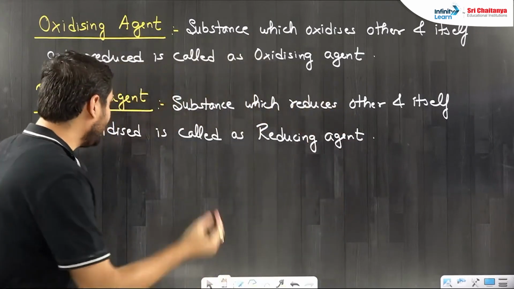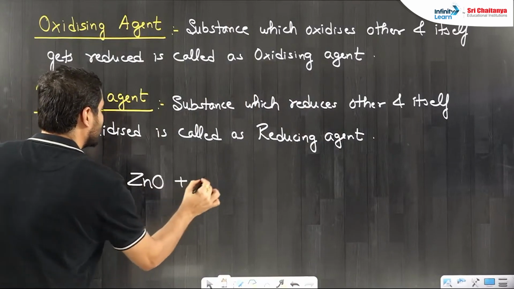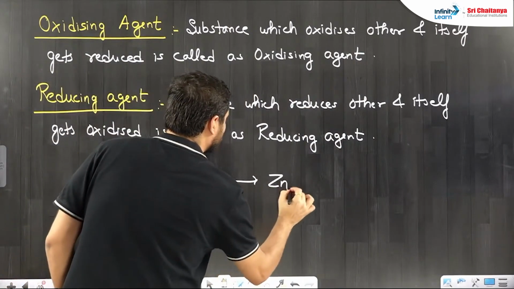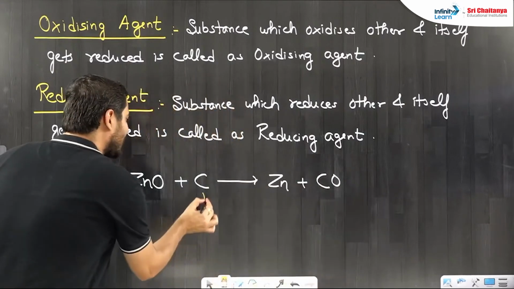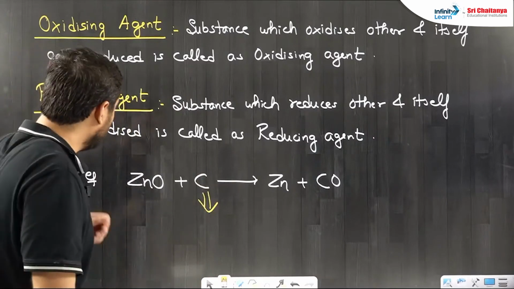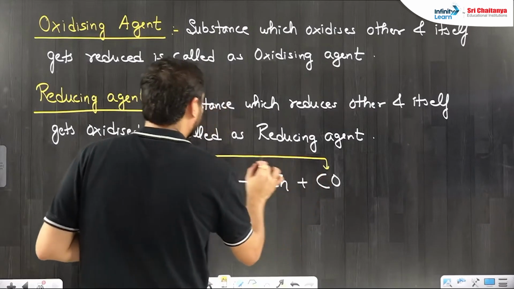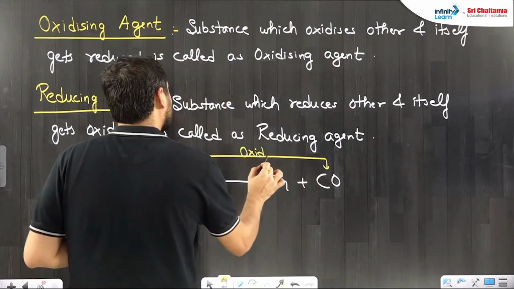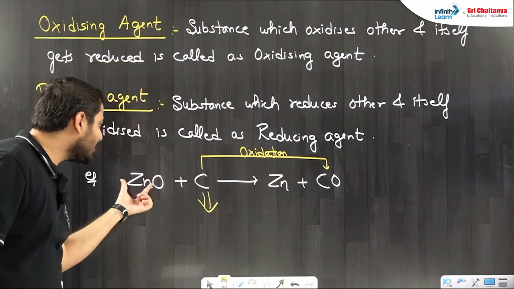Clear? So if I give one example, same we take that example, ZnO plus carbon gives Zn plus CO. Now we consider what is nature of carbon. It is oxidizing agent or it is reducing agent. Now if you check here, carbon is converted to carbon monoxide. So itself it is getting oxidized and it reduces which compound?